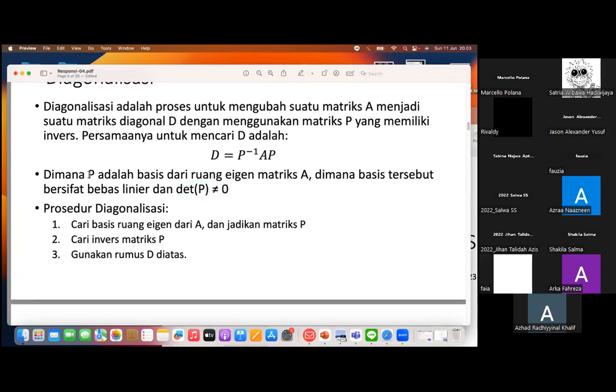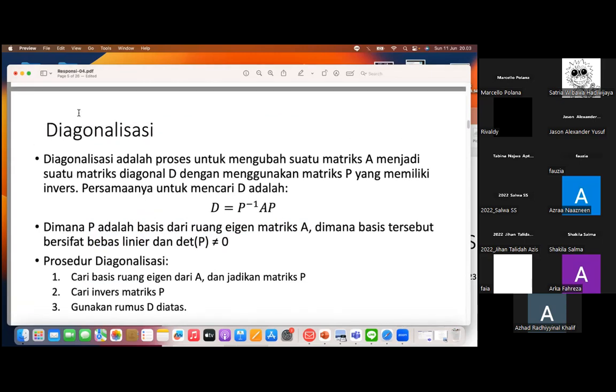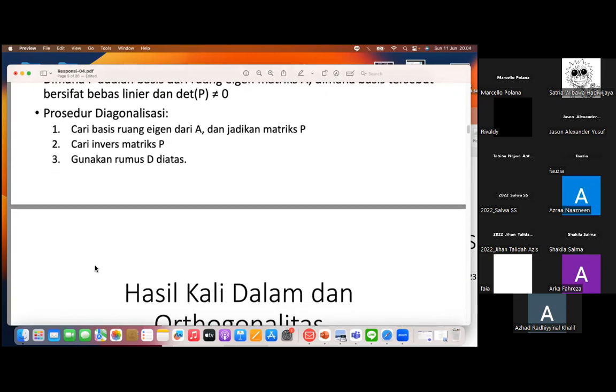And P consists of the basis of the eigenspace of matrix A. So you have to perform the procedures to get the eigenvectors, then you're going to get P. And the basis for this eigenspace must be linearly independent of each other. But that won't matter because they'll just ask you to diagonalize the question.